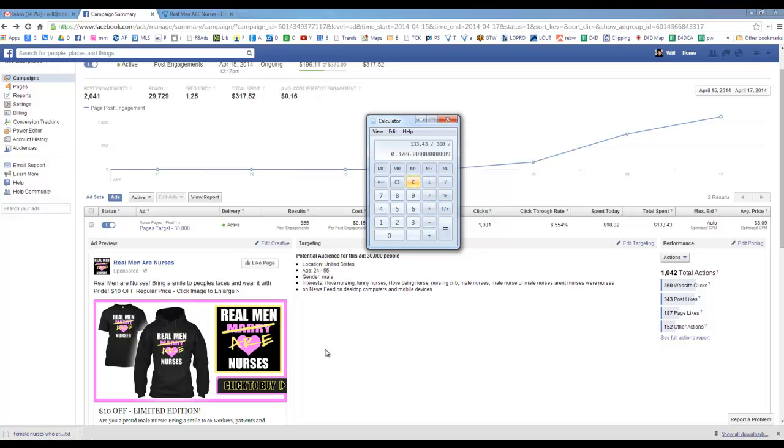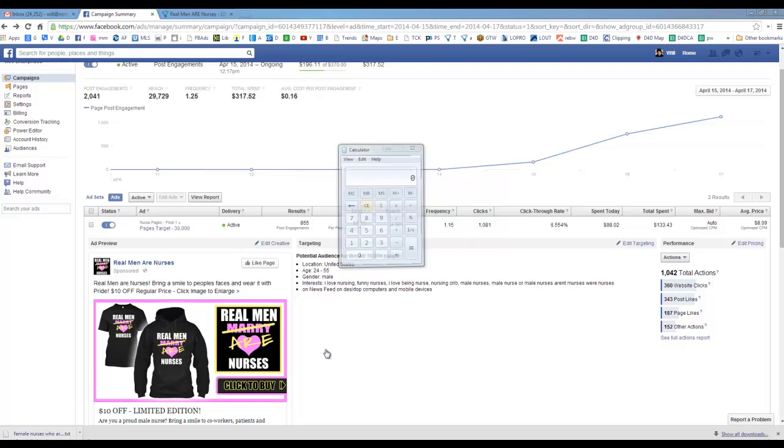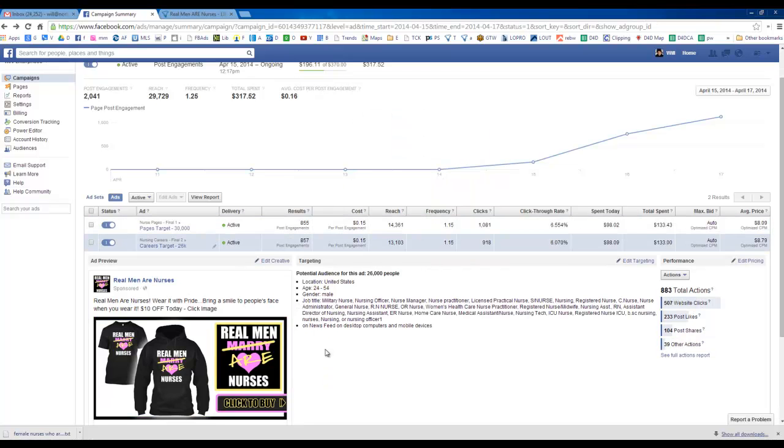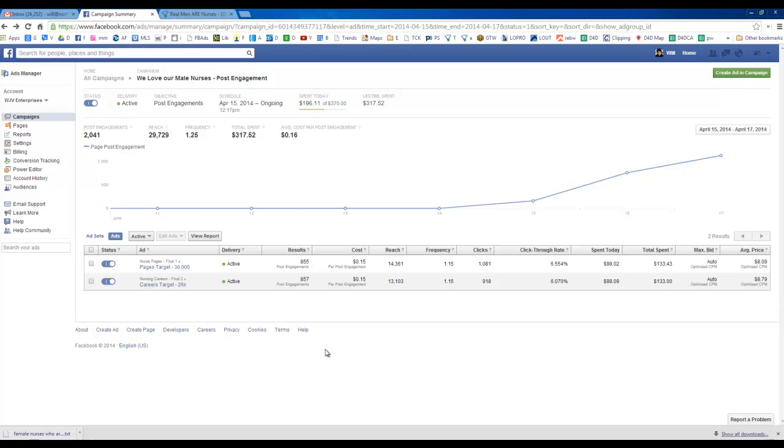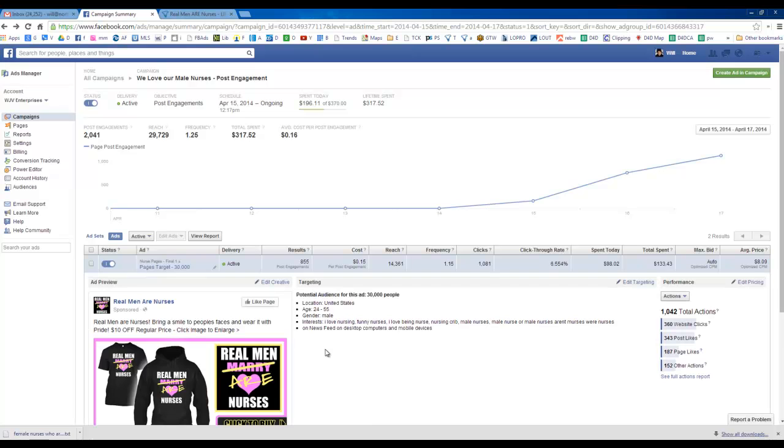And I'll tell you, I'll just shine some light here on what my thoughts are. I'm thinking it's because we increased our ad spend. Now take a look here, we are at about 14,000, so we're about 50% of reaching our total pool of people, right? But when we increase our ad spend, my theory is that we're also competing against other marketers who are trying to target those specific individuals.